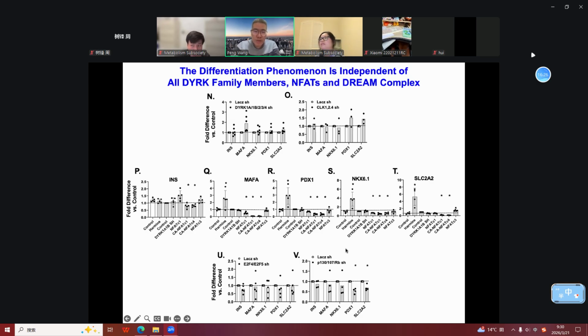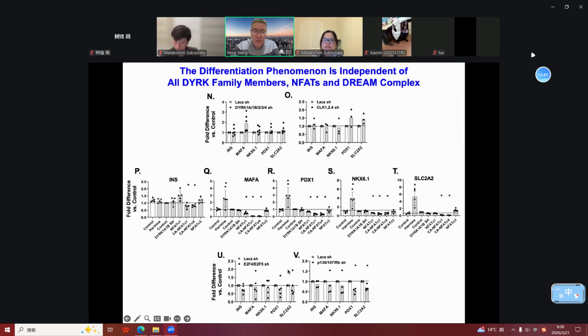And we also checked the DREAM complex pathway. I published a paper in JCI showing that the DREAM complex is involved in beta cell proliferation induced by DYRK1A inhibitors. So we know that E2F4, E2F5, P130, and P107 are key members of the DREAM complex.